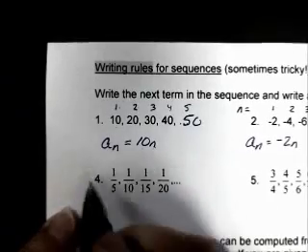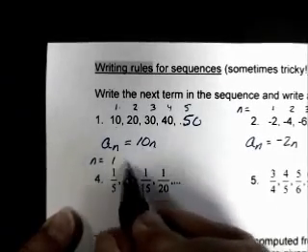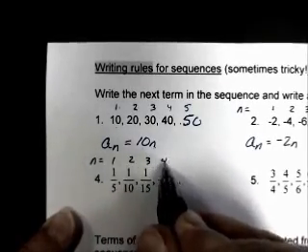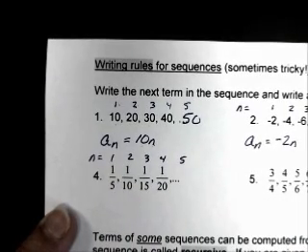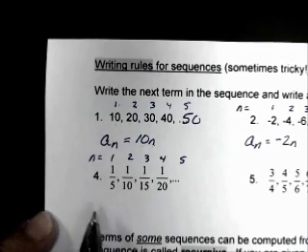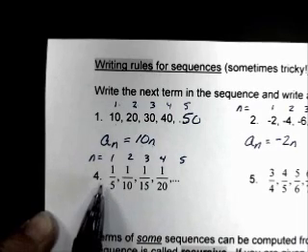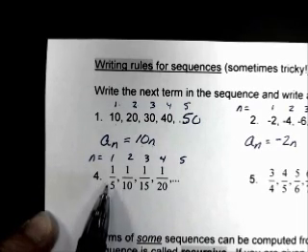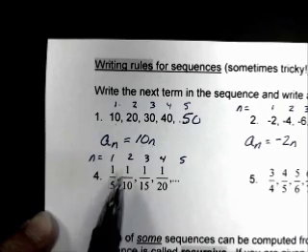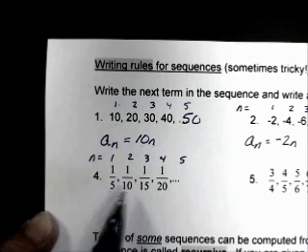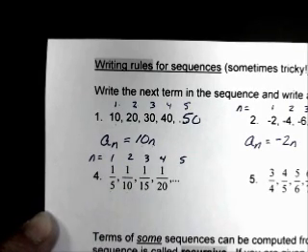Number 4, 2, 3, 4, 5. We have 1 over 5, 1 over 10, 1 over 15, 1 over 20. Okay, so this looks like if I take 1 and multiply it by 5, that'll get me 5. If I take 2, multiply by 5, that'll give me 10. All right, so these are multiples of 5 here.